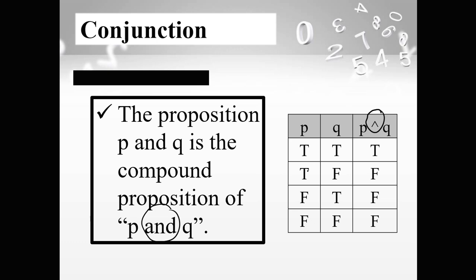Next, first statement is true, second statement is false, then the whole statement will be false. Next, third, first statement is false, second statement is true, then the whole statement will be false. And last, first statement is false, second statement is also false, then the whole statement will be false.